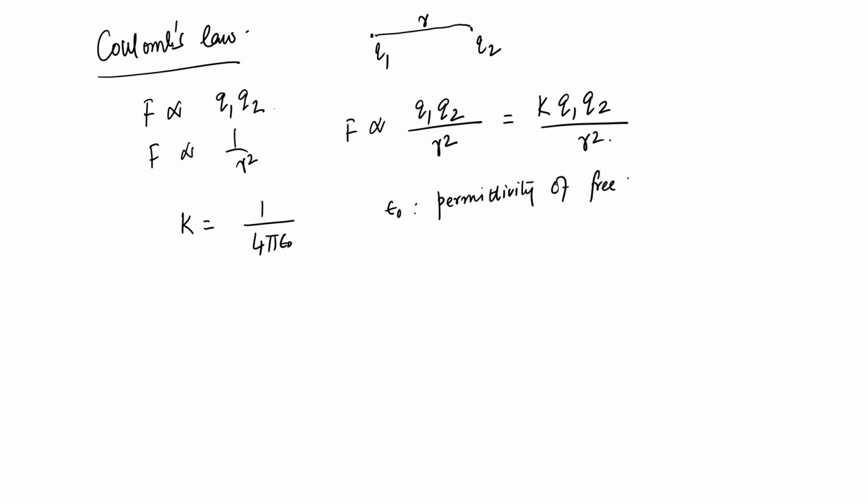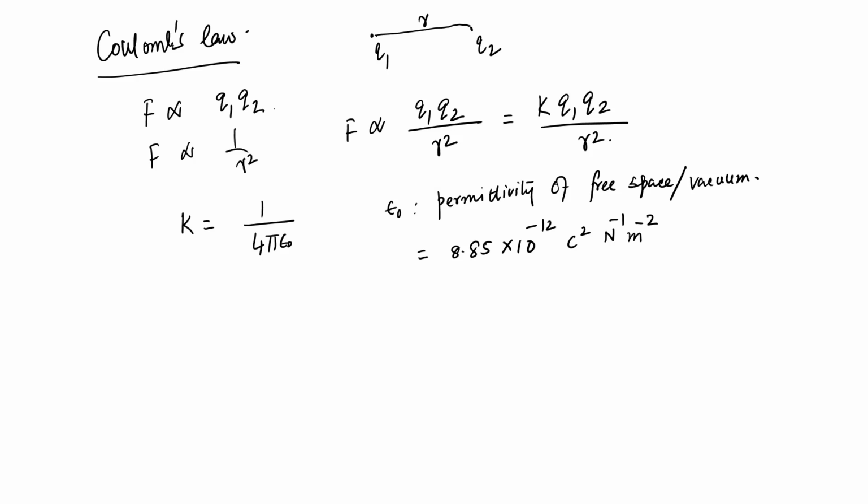We say free space or vacuum, they mean the same thing. And this epsilon 0 has a value of 8.85 into 10 to the power minus 12 coulomb square newton inverse meter to the power minus 2.